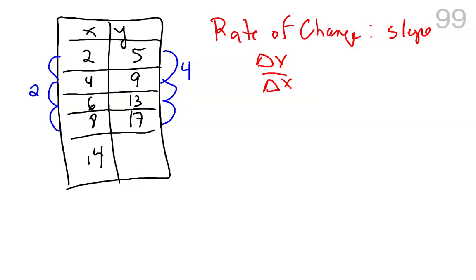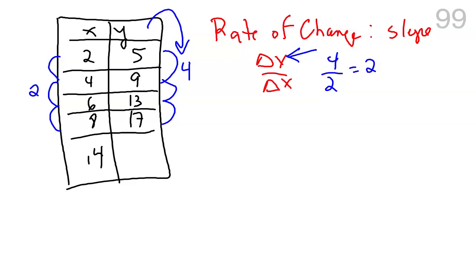You did the reciprocal. It's supposed to be the change in y. Here are the y's. What are the y's going up by? 4. What is the x going up by? 2. And 4 over 2 is 2. So you could write 2 or 2 over 1. You could even write 4 over 2. All of those are good. So that's what the rate of change is.